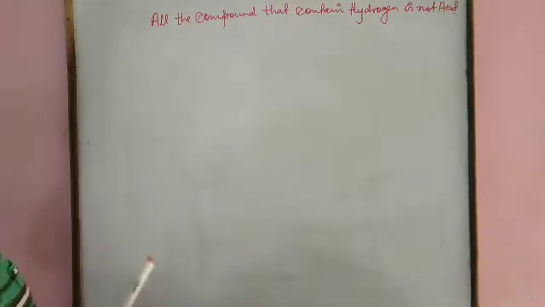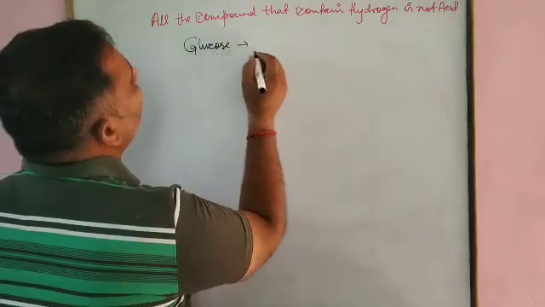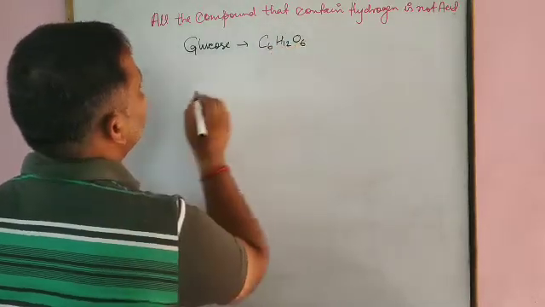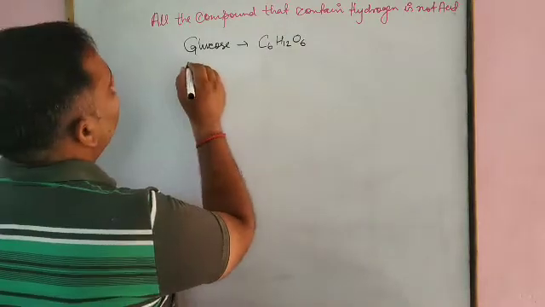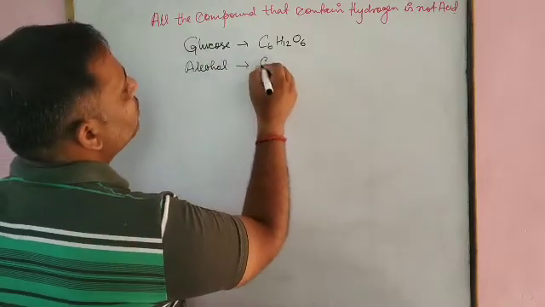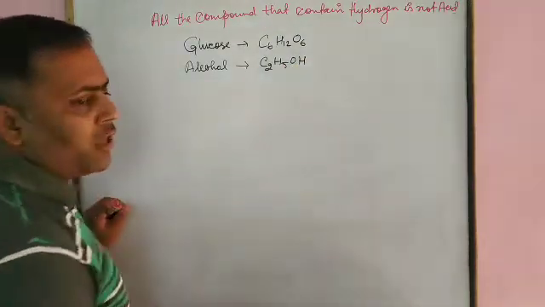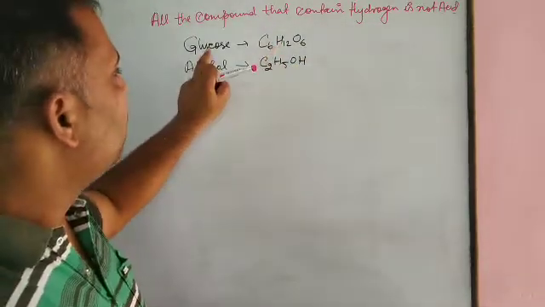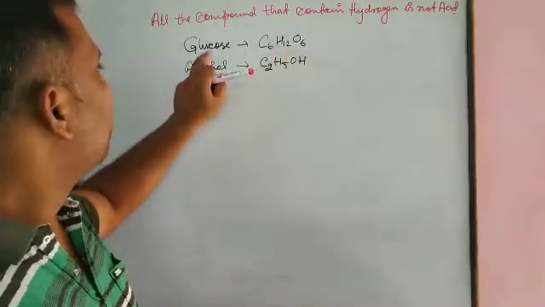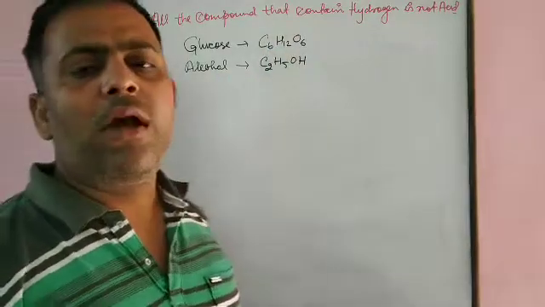For example, take glucose. What is its molecular formula? C6H12O6. Next, we will take alcohol. What is the formula? That is C2H5OH, ethanol. What we see here is that glucose contains 12 hydrogens. Alcohol contains 6 hydrogens.